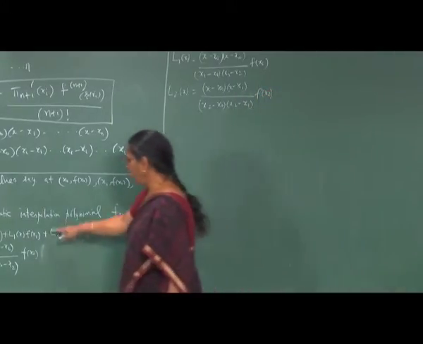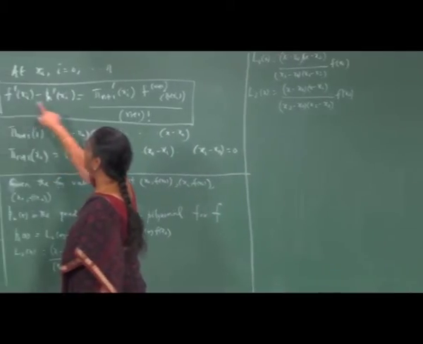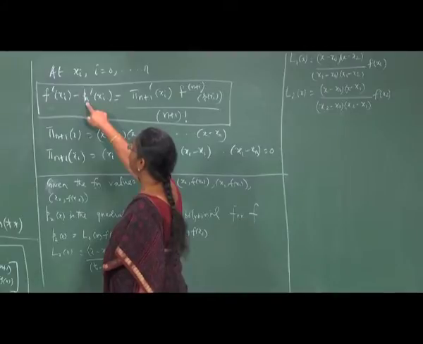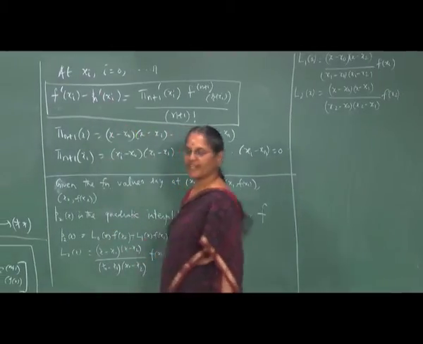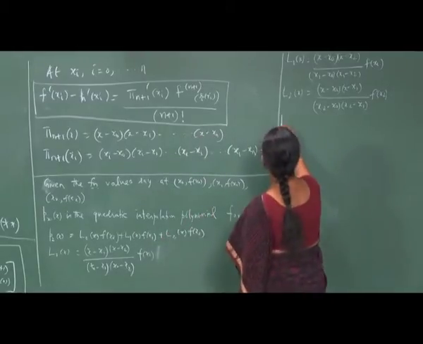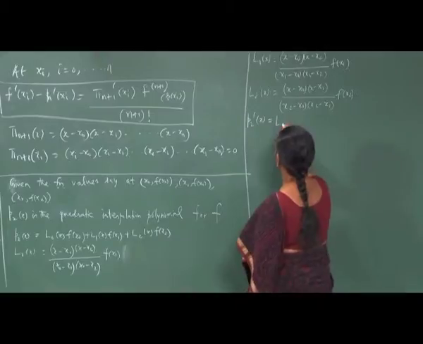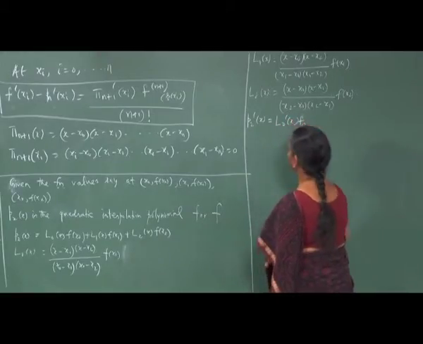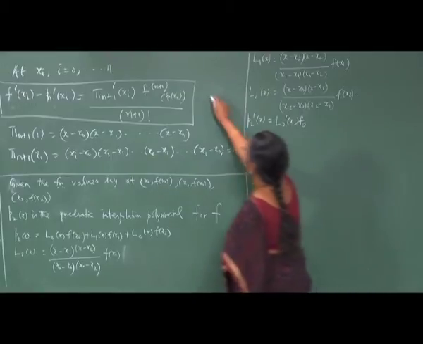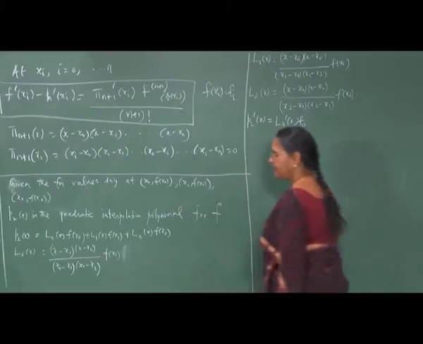So, in order to estimate this, we require P2 dashed at each of the xi. So, we write down the expression for P2 dashed. So, P2 dashed will be L0 dashed of x into f0. I shall use the notation that f of xi is fi.